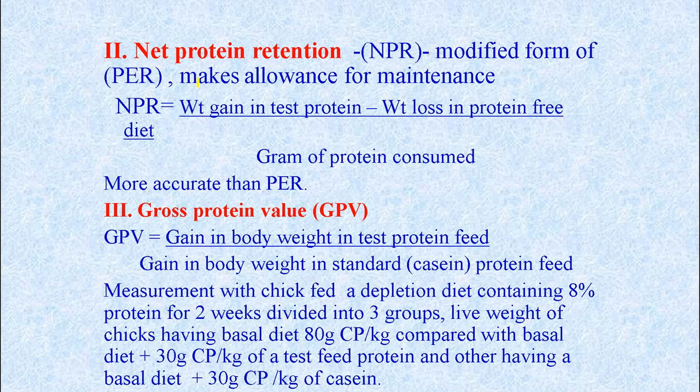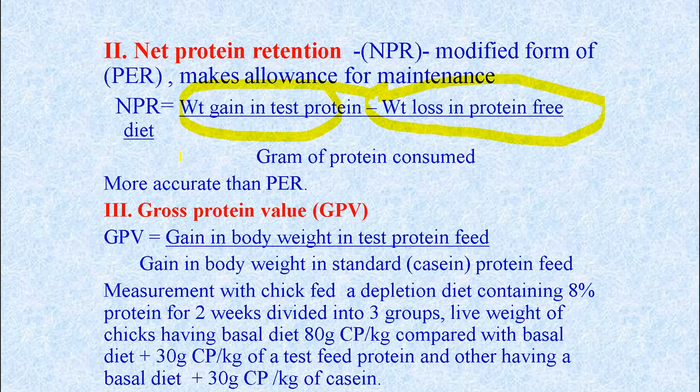Then net protein retention, or NPR, is a modified form of the PER. This makes allowances for maintenance. So here is the formula: weight gain in the test protein group plus weight loss in the protein free diet group, divided by the grams of protein consumed. The formula has to be remembered.